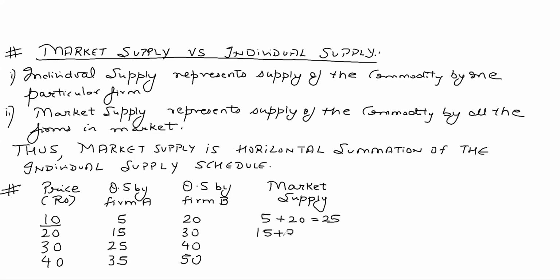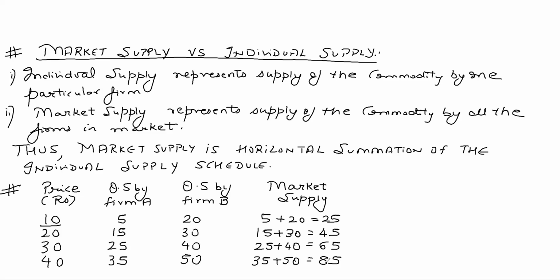Then 15 plus 30, which is 45. 25 plus 40, which is 65. And 35 plus 50, which is 85. So at every price, we are horizontally adding the individual supplies to get the market supply.